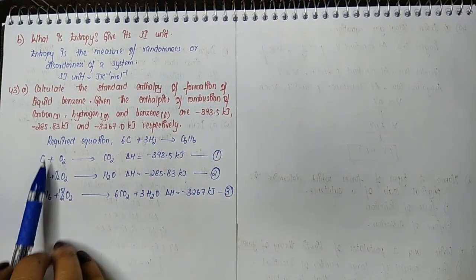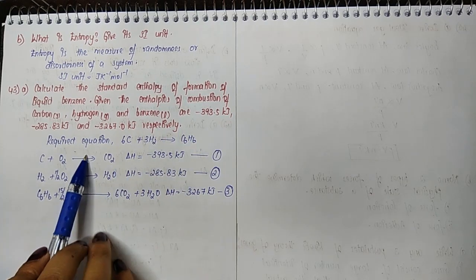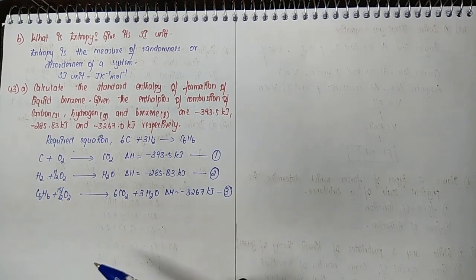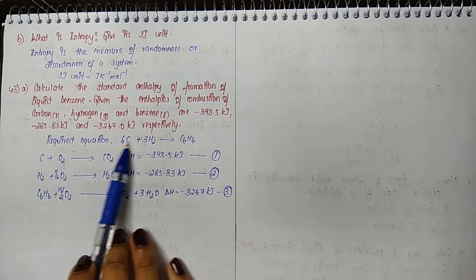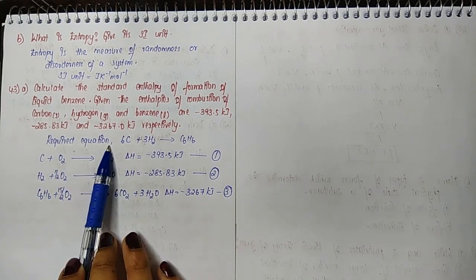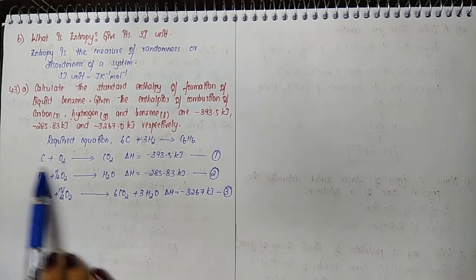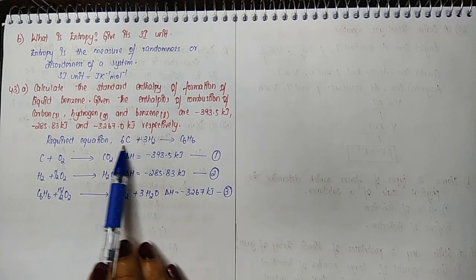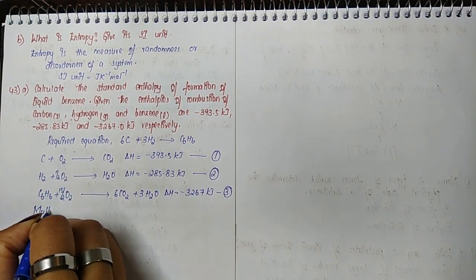Now we need to see if each of these equations given to us are balanced as per the required equation. And if they are not, we need to balance them. So taking the first equation here, carbon, we have 6 carbon atoms in the required equation, but we have only 1. So what we're going to do is multiply the entire equation 1 with 6.